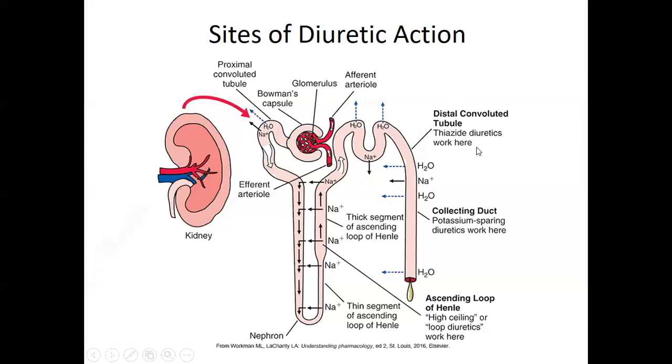So that's where they work, inside the nephron. These drugs are going to increase the urine output by preventing the water, sodium, potassium and chloride from going through the walls of the nephron to be reabsorbed back into the blood, where it's going to cause a lot of problems.